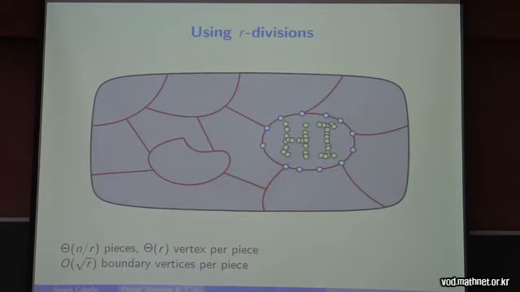And in that way, I'm gaining something. So if I have r vertices here, I'm treating r vertices by using a square root of r time. So that's the gain. And for that, I can use a lot of pre-processing.